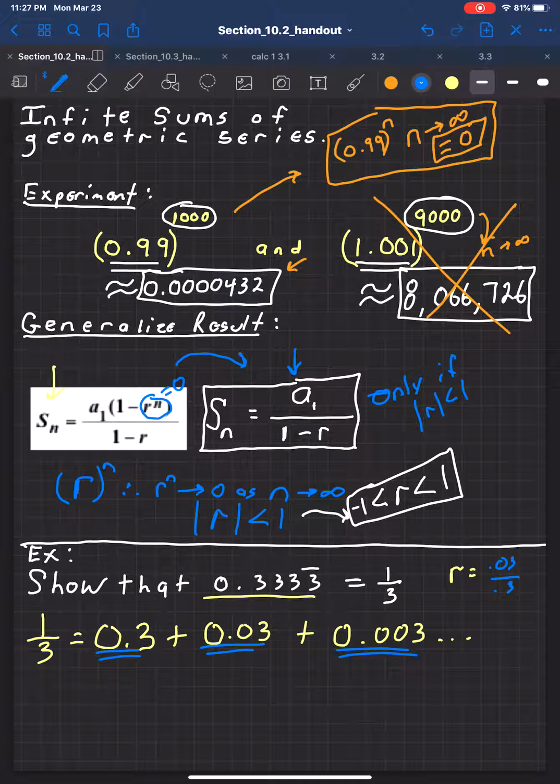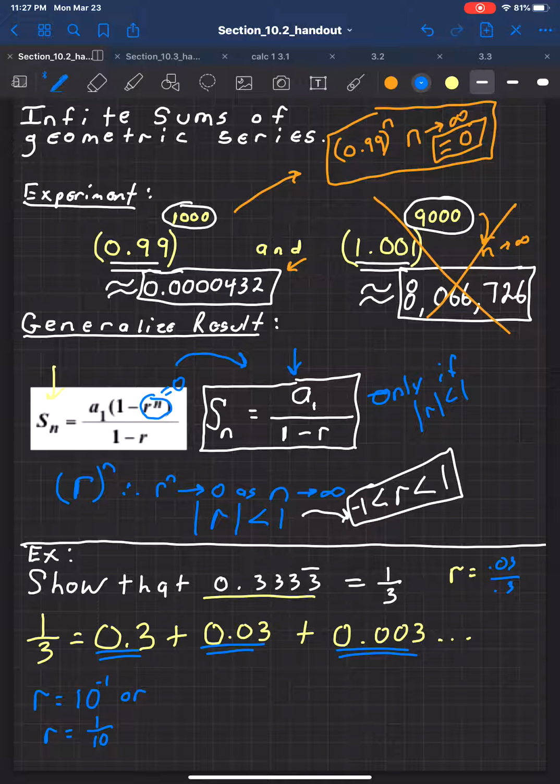So in this case, your r value is going to be equal to 10 to the power of -1, or in other words, r is equal to 1/10. Right? So if you take 0.3 times 1/10, you'll get 0.03. You're just dividing by 10. Okay, so now we're on to something.